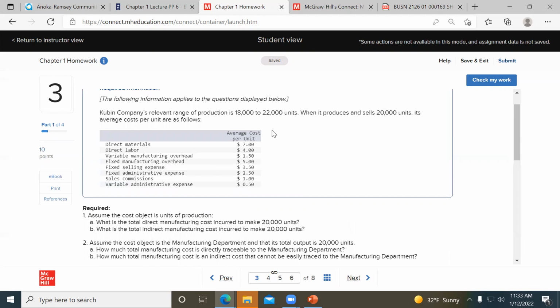What is the total direct manufacturing cost incurred to make 20,000 units? And what is the total indirect manufacturing cost incurred to make 20,000 units? So direct manufacturing, we see direct materials and direct labor.